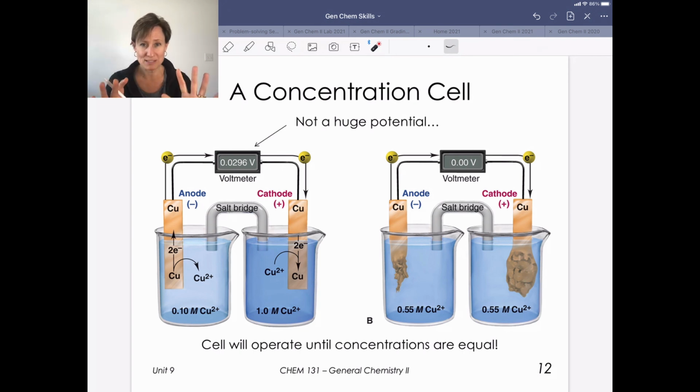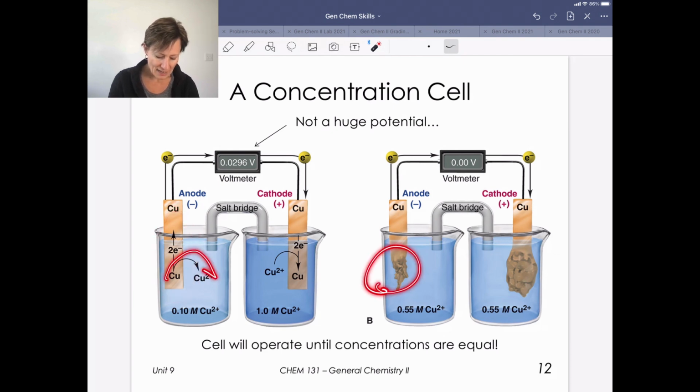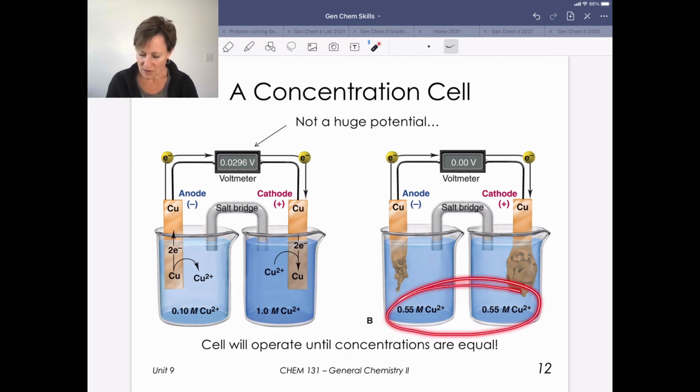So this electrode is going to lose mass because the copper is going to go into solution, which also makes this solution more blue. And then these copper ions are going to go out of solution and be plated out, making this copper electrode heavier, and decreasing this concentration. This voltaic cell will operate until these concentrations are equal.